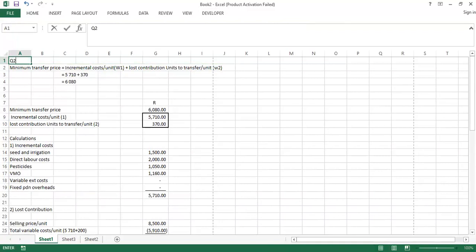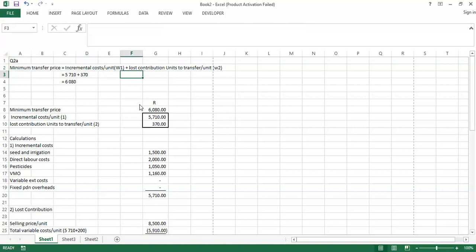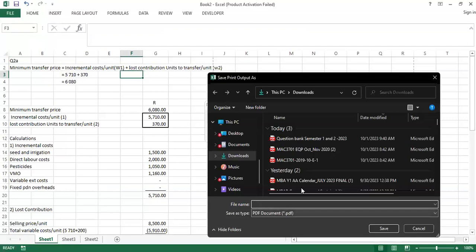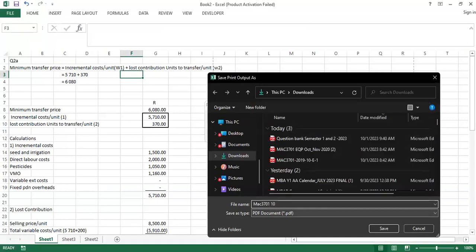Right, let's see question 2 what, just so we are sure. That's question 2A. All right, question 2A. So I'm going to print this now. Right, let's say this is minimum transfer price. We said this is MEC 3701 10 2019.